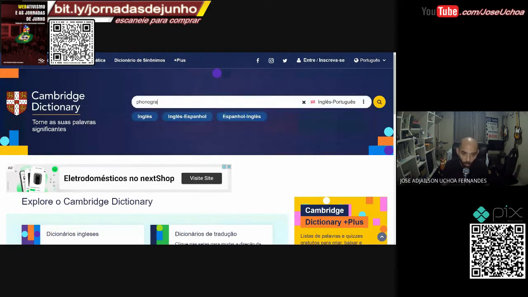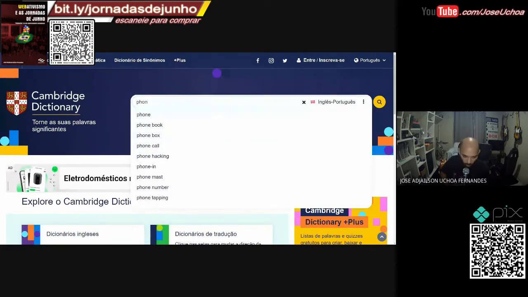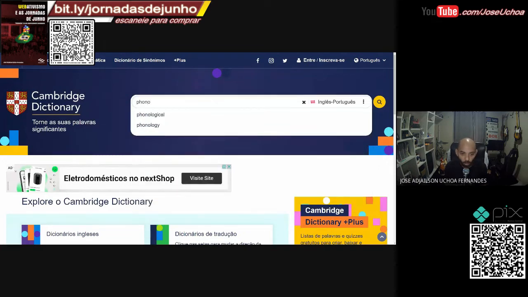We have phonogram, which is not in the dictionary, but it's what we used to play long play discs before we had the CDs, before Spotify and everything else. So phono seems to be a variation of phone.